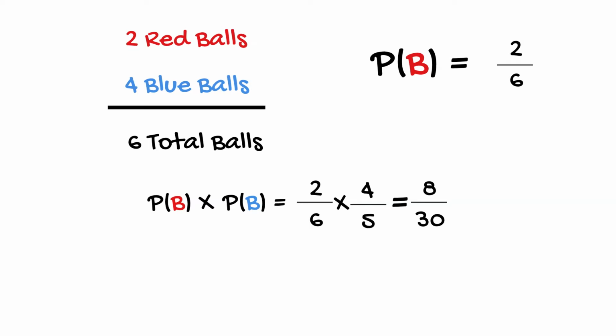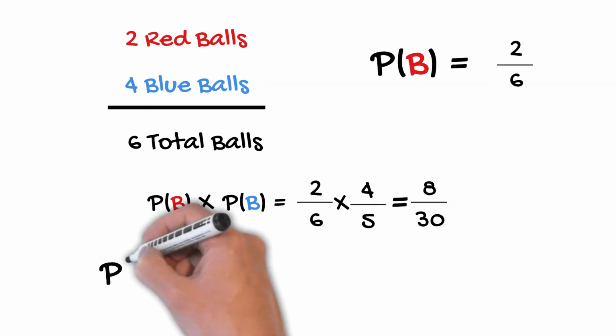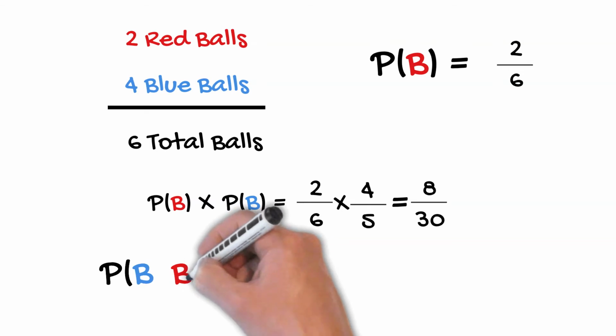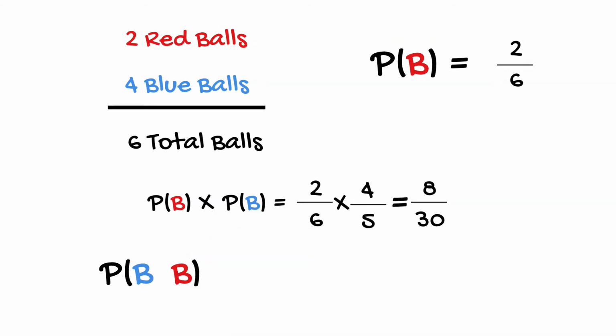Another way of looking at this could be in terms of what's called conditional probability. In other words, that second probability depended on what happened the first time.